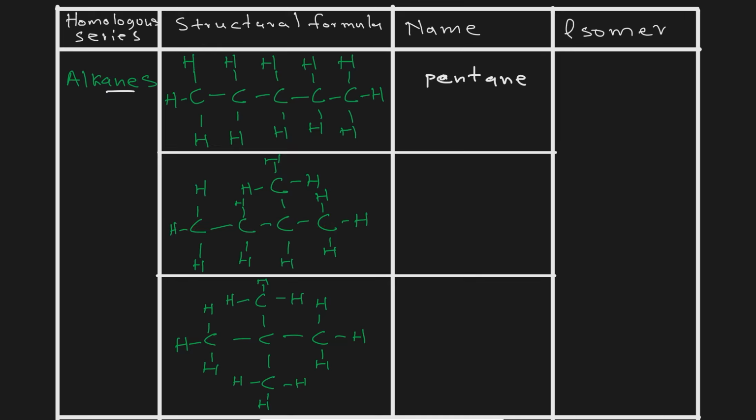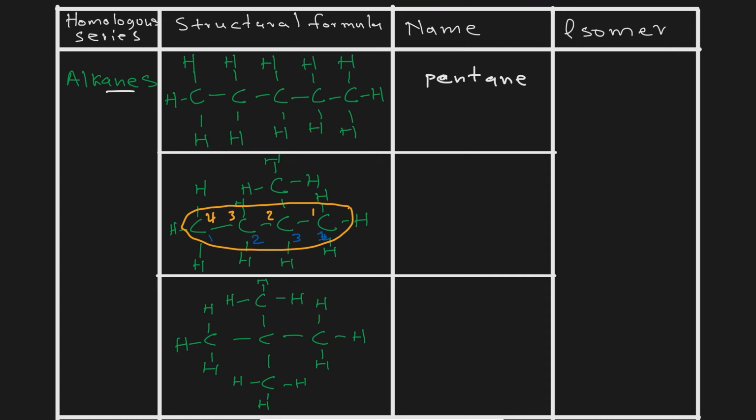So now, if we have identified this as our longest chain, remember we can number our chain from what? From left to right, or from right to left. So we're going to say this is carbon number 1, carbon number 2, carbon number 3, carbon number 4. And then we can also go backwards to say this is 1, 2, 3, and 4.